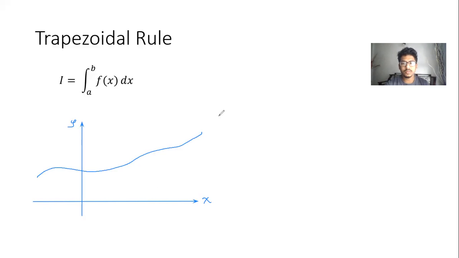Okay, so this is the function f of x. And we can see here we want to integrate this function f of x from limit a to b. So let us mark these points, point a and b, on the x-axis. So let's say here the value is a and here is b. And I'm going to draw these vertical lines.